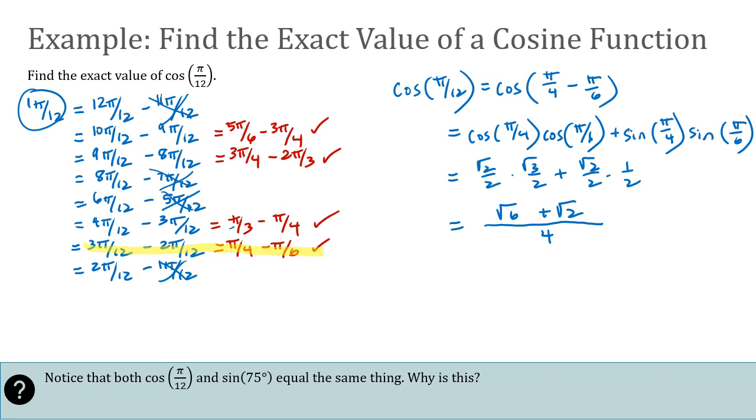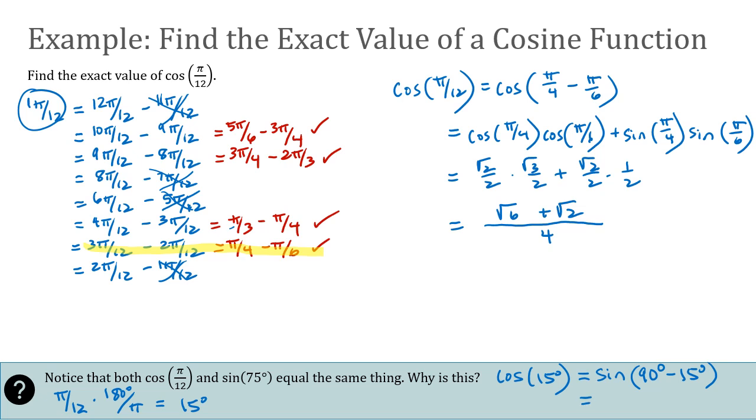Well, it turns out that pi over 12, if I multiply this by 180 degrees over pi, turns into 15 degrees. All right? So if I consider the cosine of 15 degrees, what that identity for cofunctions tells me is that the cosine of 15 degrees is equal to the sine of 90 degrees minus that 15 degree angle.